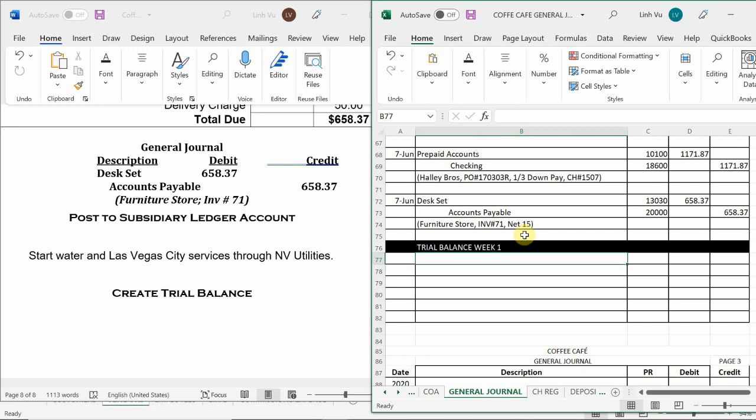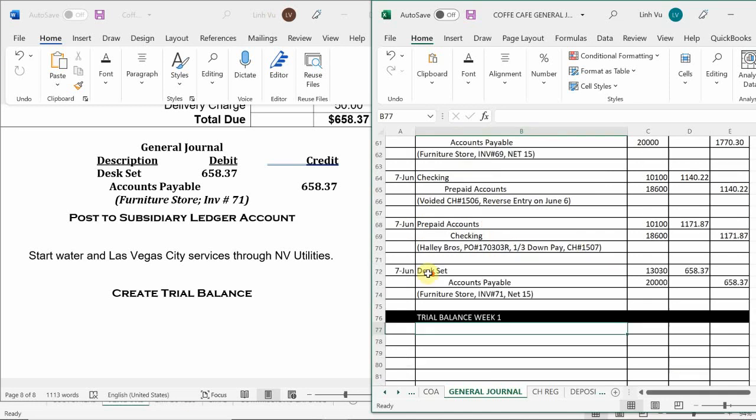We waited to the very end of the month to finally do our trial balance, only to find out that we had a penny missing. And trust me, when you go through this entire thing just to realize you have a penny missing, it's maddening, because you have to literally go through every single transaction all over again. So this is, again, going to be a preventative measure to ensure the accuracy of your accounting.